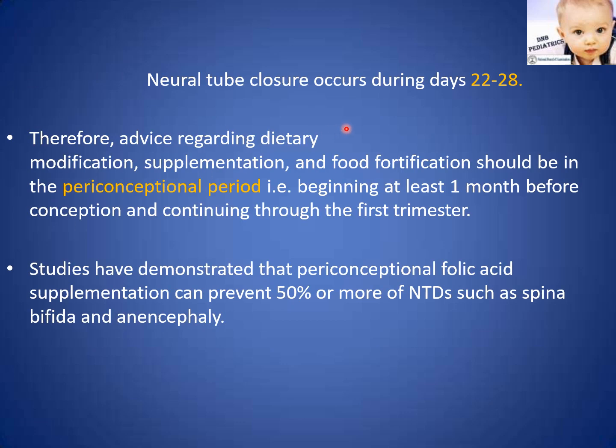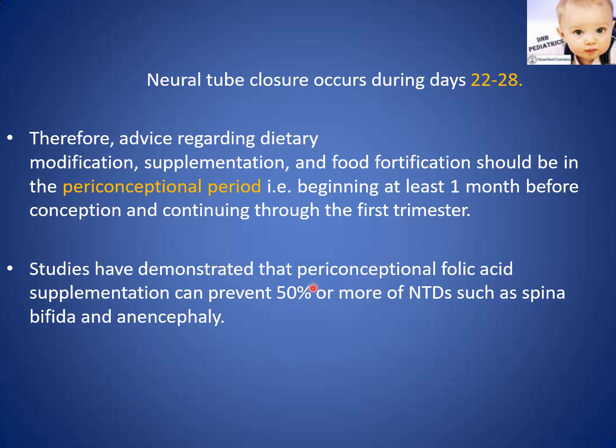And this neural tube closure occurs during the 20 to 28 days of development. Therefore, advice regarding the dietary modification, supplementation and food fortification should be given in the preconceptional period itself. That is, it should begin 1 month before the conception and be continued in the first trimester. Already we have seen that.